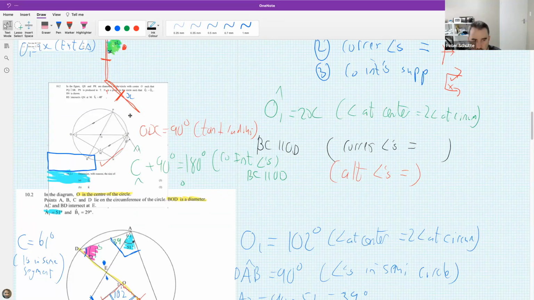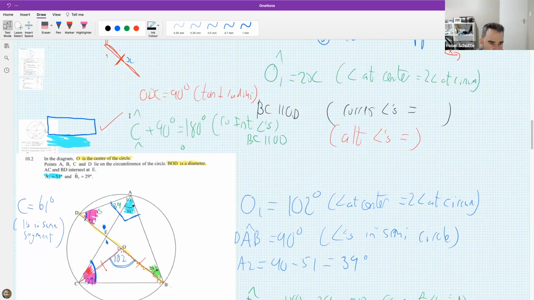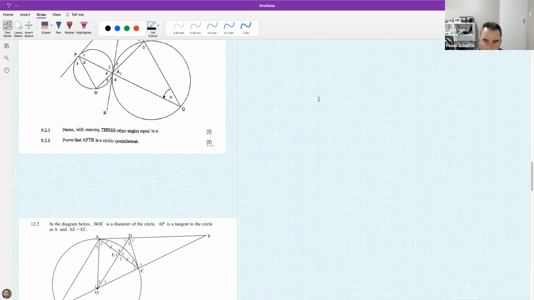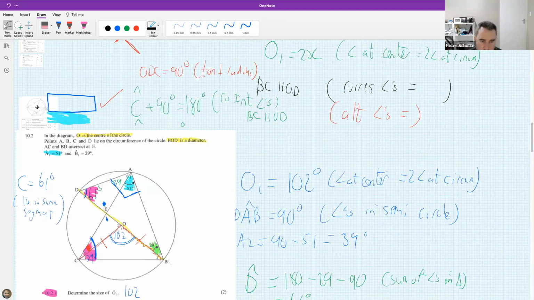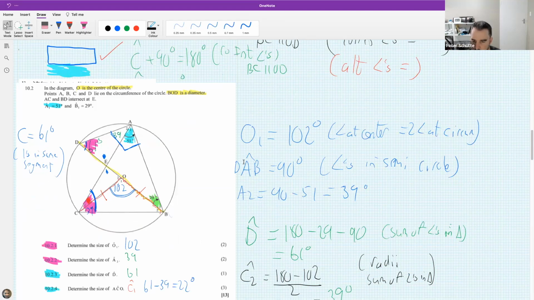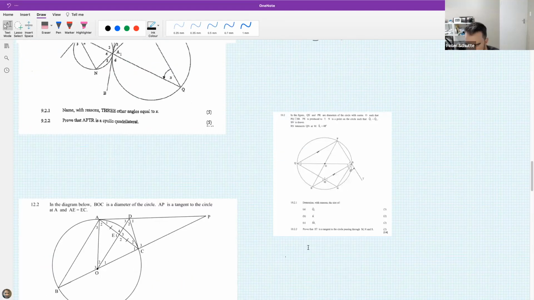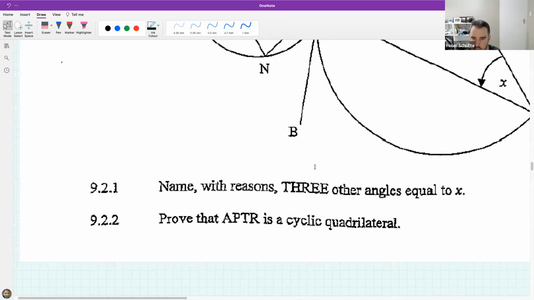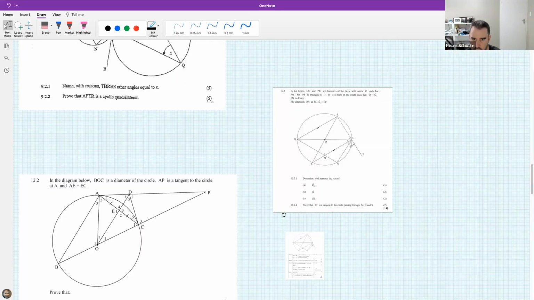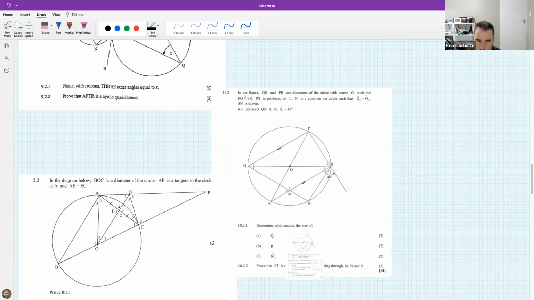So let me just do it here on the side, and let me just get the thing over here. Move this out the way.